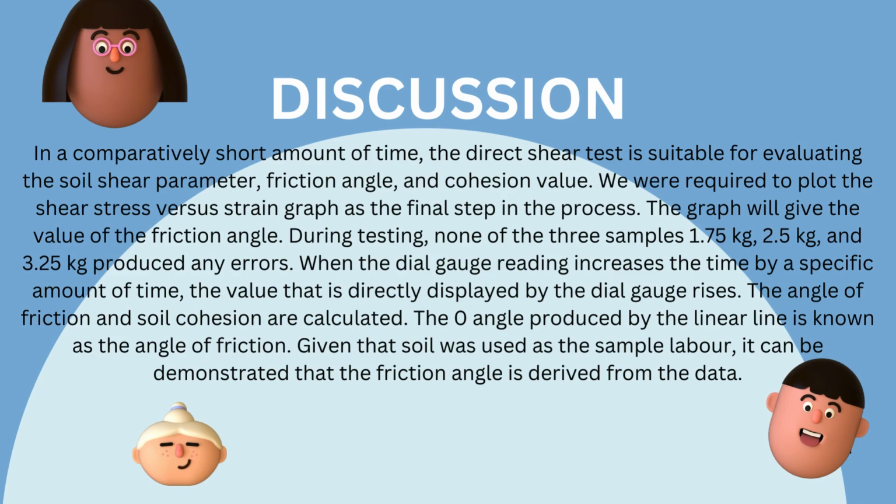When the dial gauge reading increases over a specific amount of time, the value that is directly displayed by the dial gauge rises. The angle of friction and soil cohesion are calculated. The zero angle produced by the linear line is known as the angle of friction. If sand was used as the sample, it can be demonstrated that the friction angle is derived from the data.